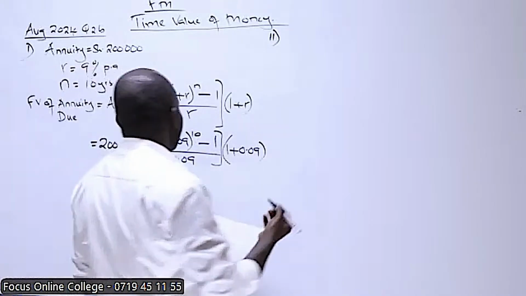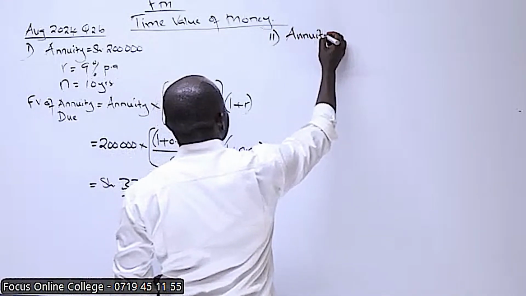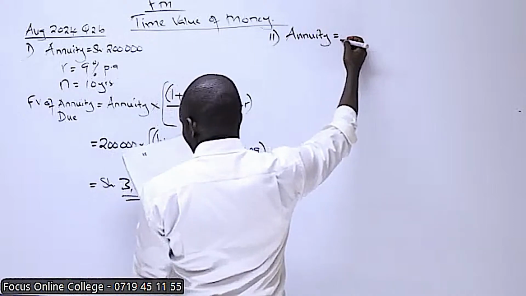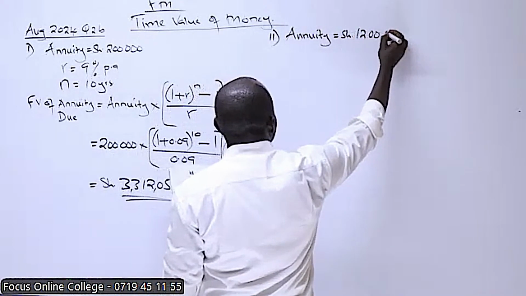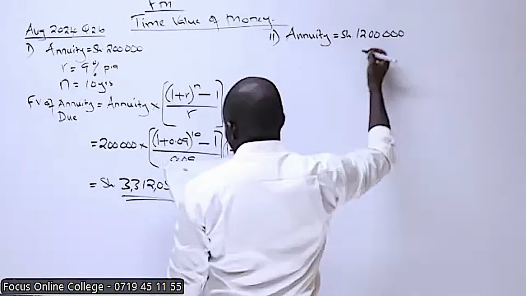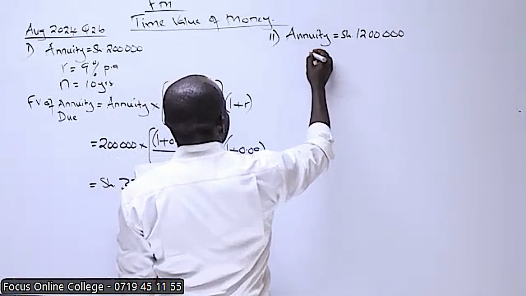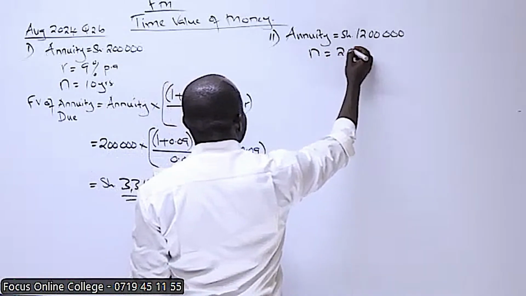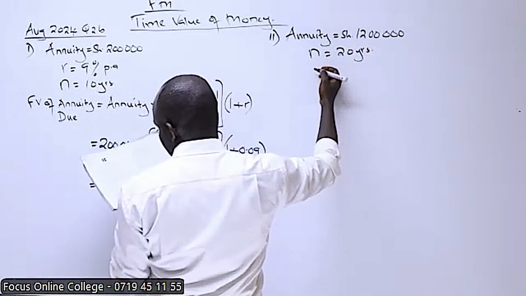So here we will say the annuity is 1.2 million payable for 20 years. The period is 20 years at an interest rate of 8% per annum.